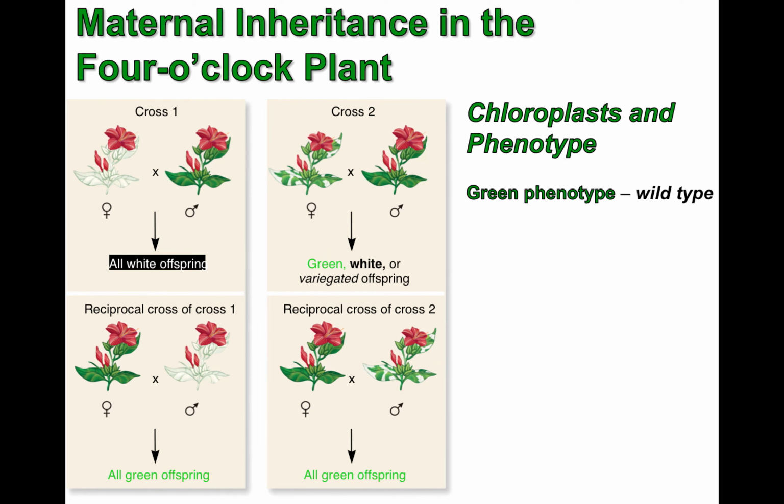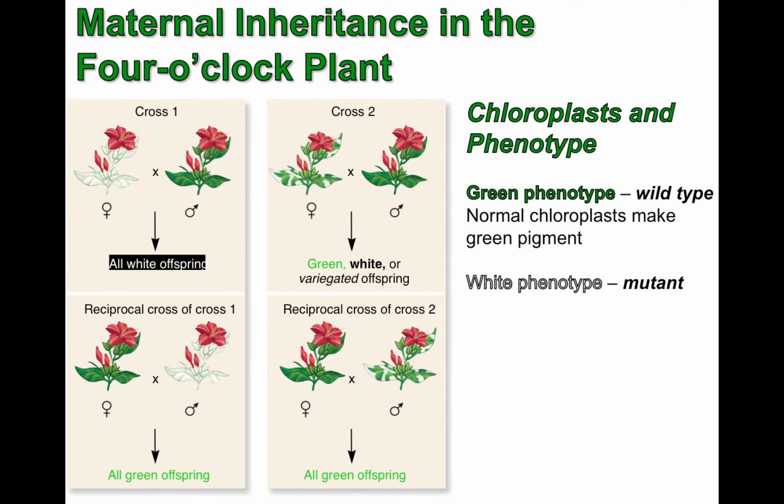So, regarding chloroplasts and the phenotype, the green phenotype is the wild type phenotype. It has normal chloroplasts making normal green pigment. The white phenotype, however, is caused by a mutation in the chloroplasts.